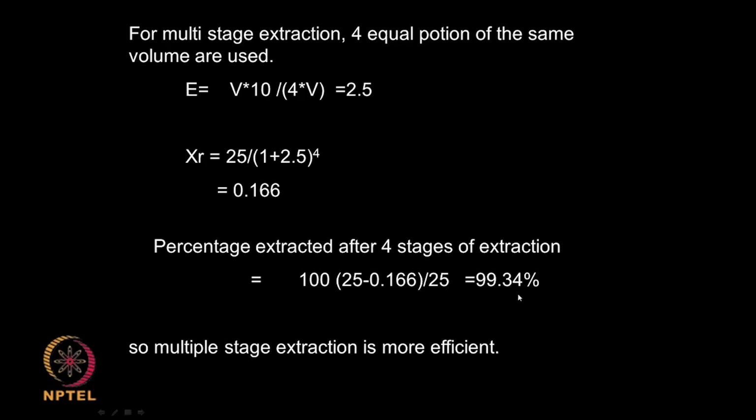It tells us, instead of dumping all the solvent in one stage and trying to recover, if I divide it into 2, 3, 4 many stages and use part of this solvent, my recovery is going to be better. That means multiple stage extraction is more efficient than single stage. I have used the same amount of solvent, that 25 milligram, but when I divide it into 4 parts and use it as 4 stages, my recovery efficiency is much better.